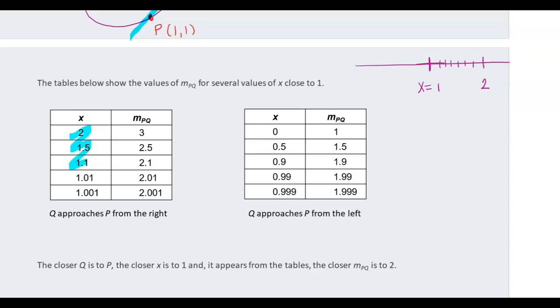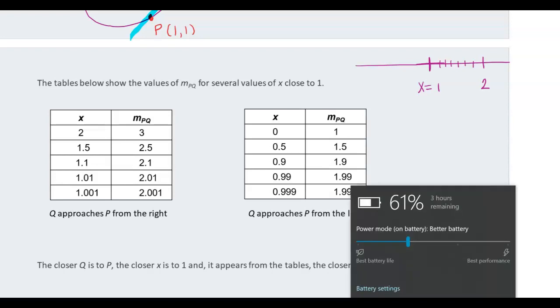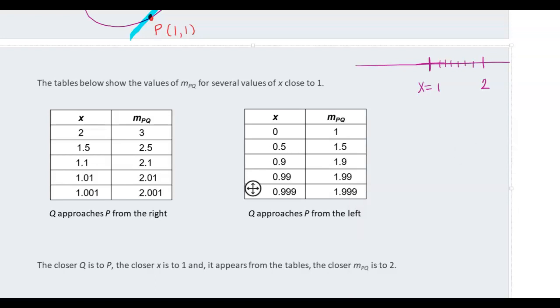That's what we see here in this column. We're getting closer and closer to 1, but not sitting right on top of it. And the second column is plugging these values into the function x squared, and this is what we're getting as our output. Or no, sorry, we're plugging it into the secant line. We're finding the slope of the secant line.